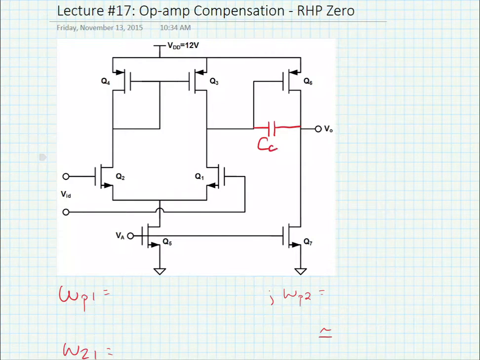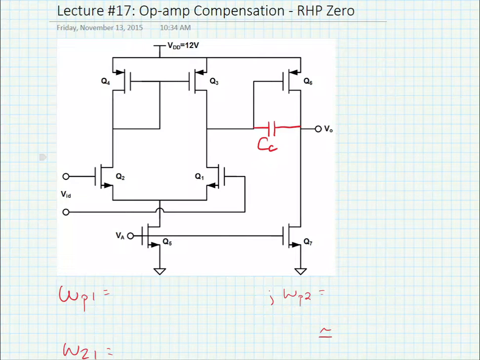The reason is that if we put the capacitor here, it gets the Miller effect due to the inverting gain from transistor Q6. It also sees a relatively high impedance, which will allow us to move the pole to a very low frequency, which is ideal for our operational amplifier.